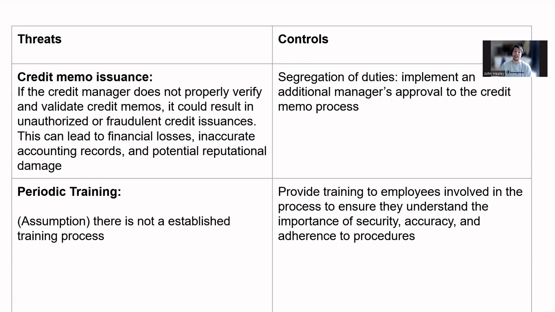That way they can avoid financial losses, inaccurate accounting records, and potential reputational damage. Lastly, our team's assuming that there is not an established training process for many of these threats that we have talked about recently. Our team suggests providing training to employees that are involved in the process to ensure that they understand the importance of security, accuracy, and adherence to these procedures.